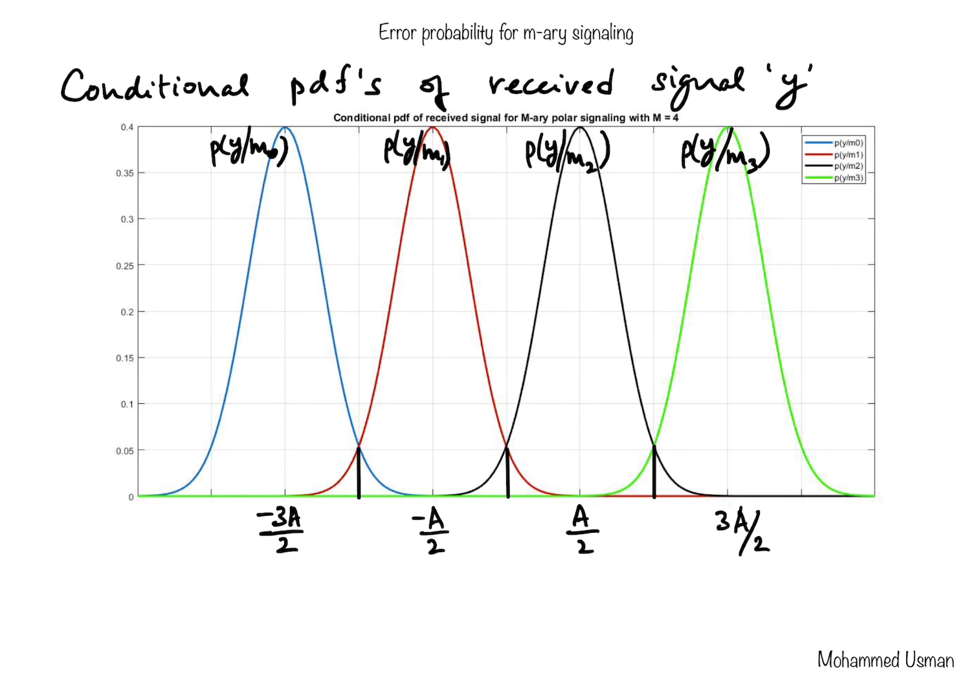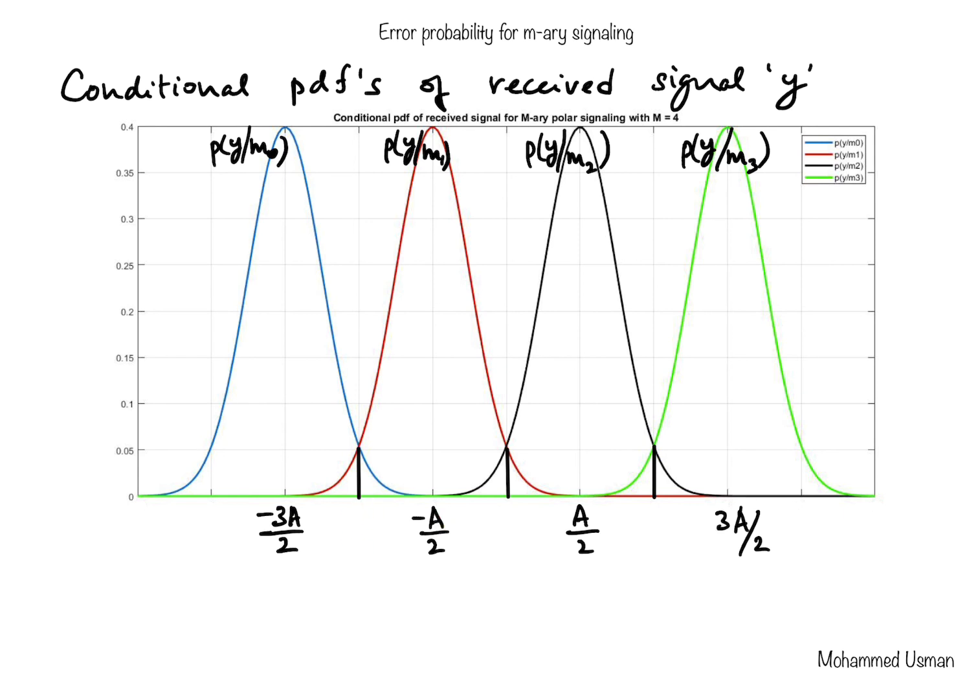So we have the three decision thresholds, and by the symmetry of the Gaussian PDFs, the intersection of any two adjacent PDFs will occur exactly midway between their centers. So this intersection would be exactly in the middle of minus 3A by 2 and minus A by 2.